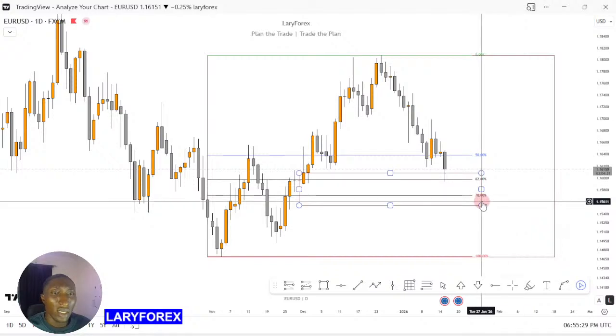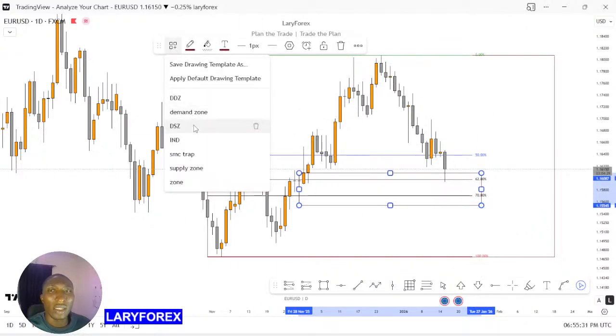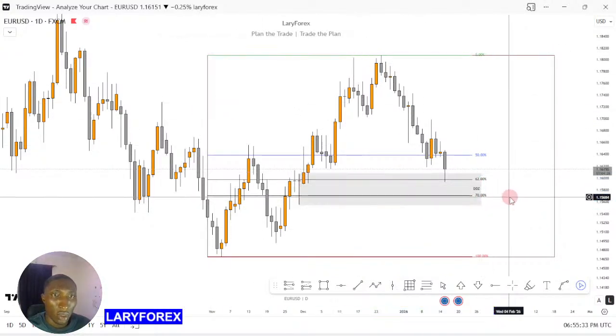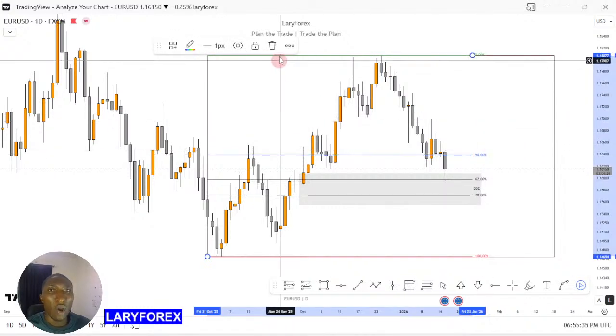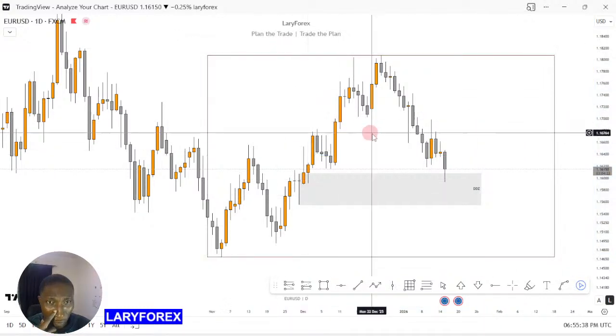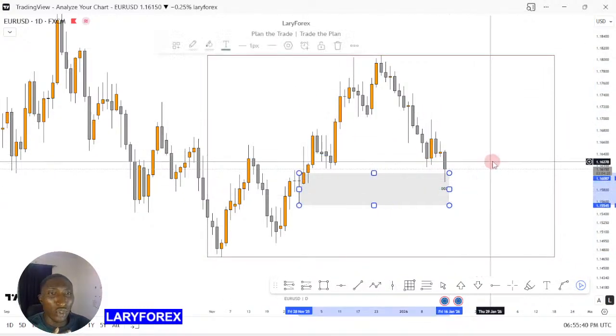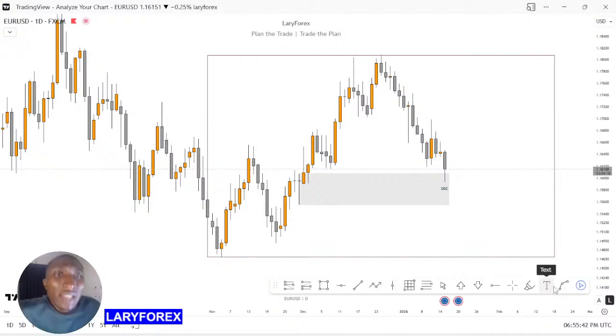So this is our daily demand zone. Are you guys following? Now I will get rid of this Fibonacci. So this is our daily demand zone. Price has already mitigated our daily demand zone and it's reacting from there.